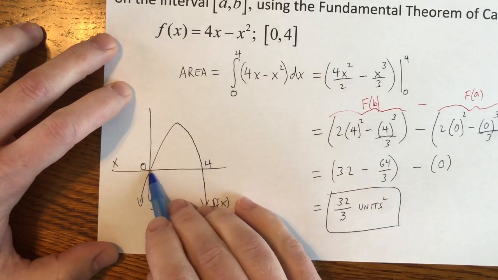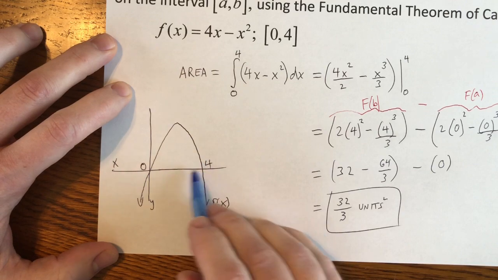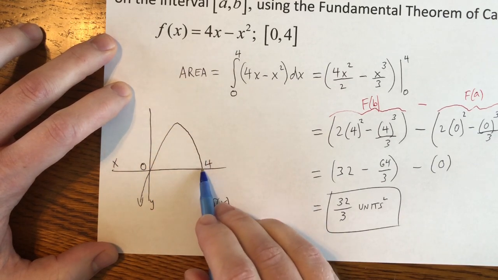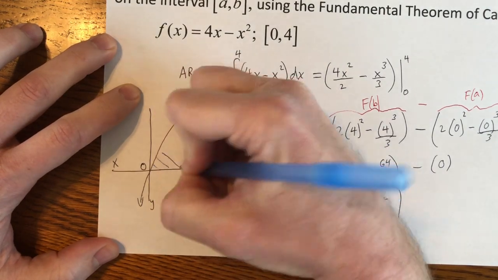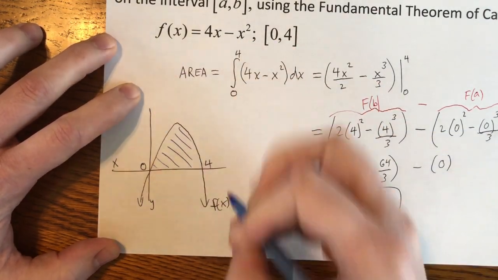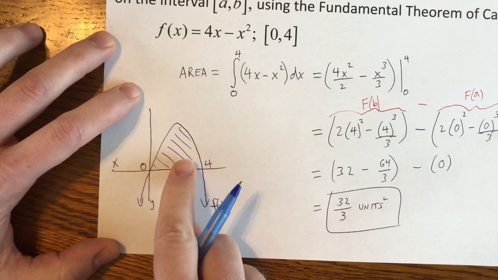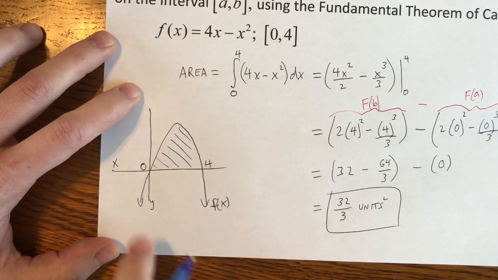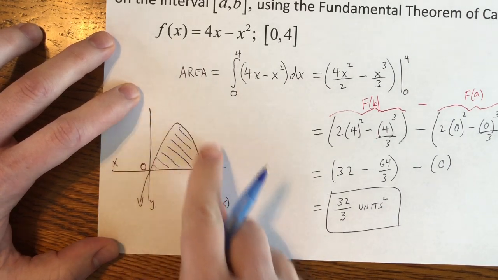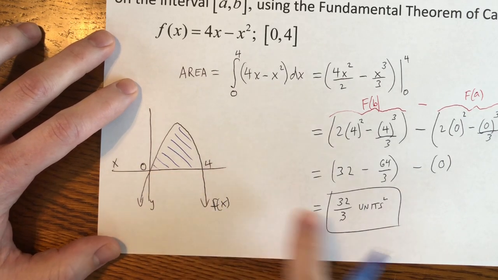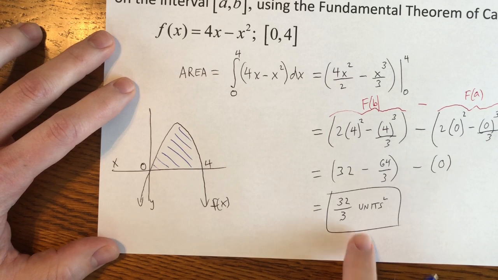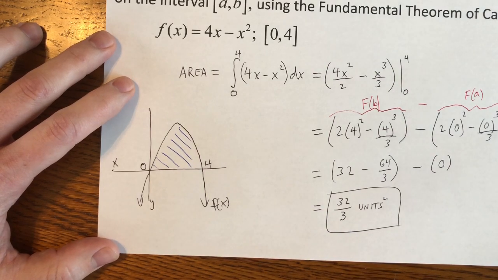In other words, every y value on this open interval from 0 to 4 is positive. So what we actually just determined is the area of the bounded region below the graph of f and above the x-axis. That's what this is equal to. Let's go on to example number 2.